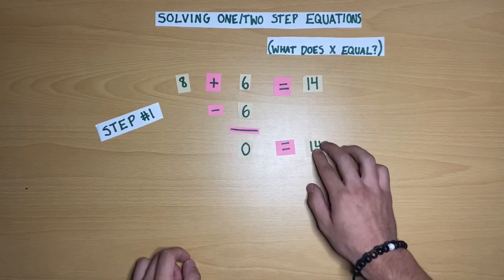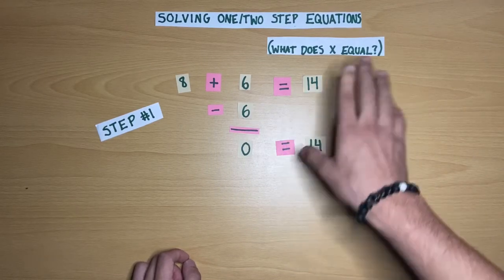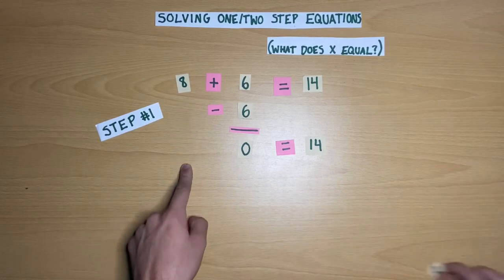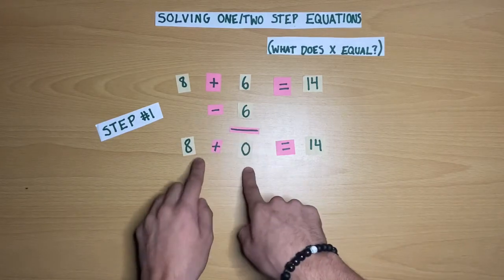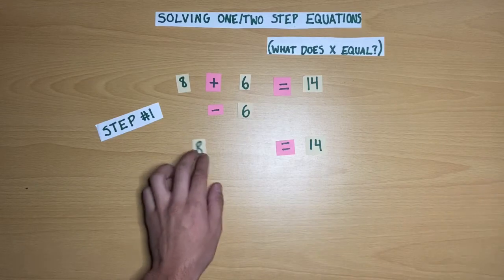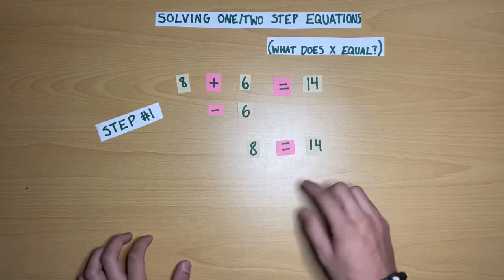We didn't subtract 6 this time. If we would have added 6, this would have been 20, but either way, it would not have been correct, because when we carry this 8 down, and again, this is 8 plus 0, but plus 0 doesn't do anything, so we can actually just remove all this. We're left with 8 equals 14, and that's not correct.